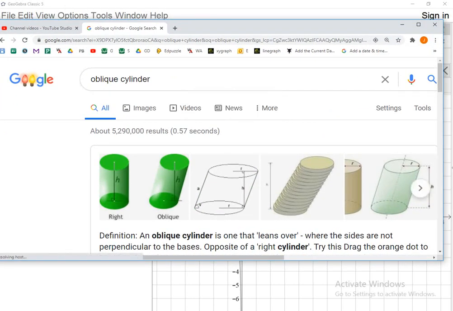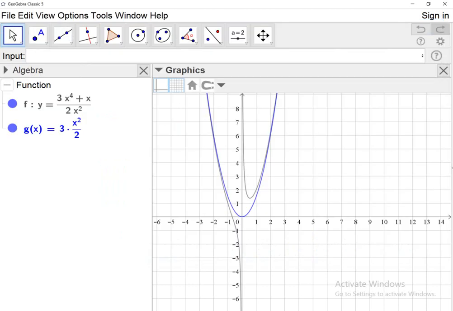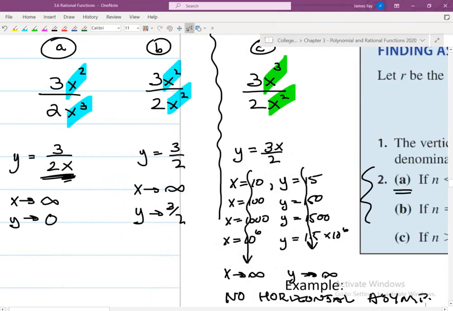This has been 2 years ago. Oh, yeah. So this would be an oblique cylinder. A pop can is a right cylinder, right? This would be an oblique. Okay. So we've seen that, and it's that idea of being kind of slanted or to the side or something like that.